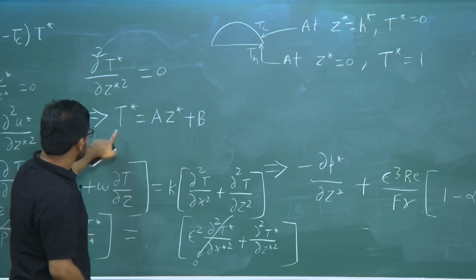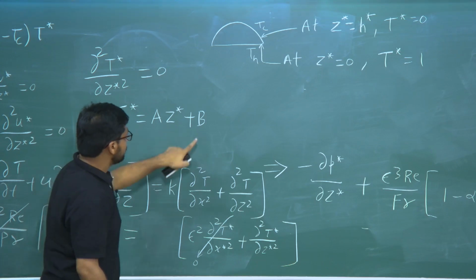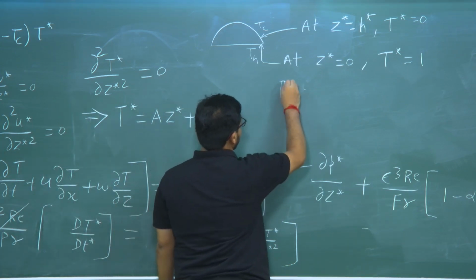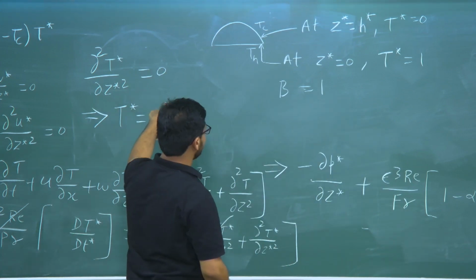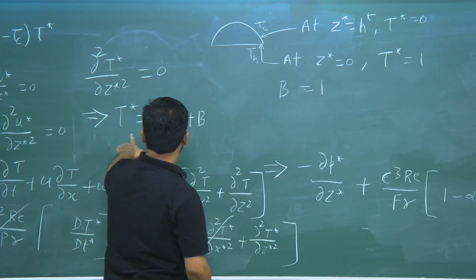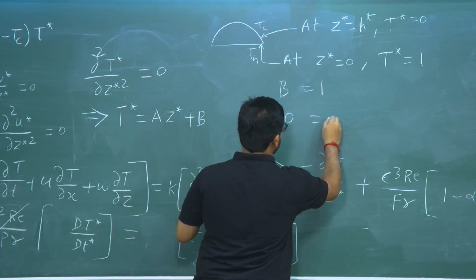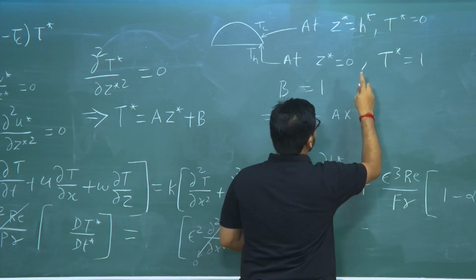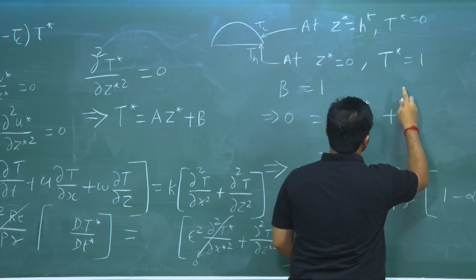So, let us put T star equal to 1 at Z star equal to 0, from there you will get B equal to 1, and if you put the boundary condition at Z star equal to H star, from there you will get T star equal to 0, equal to A times Z star, which is H star, plus B, which is nothing but 1.